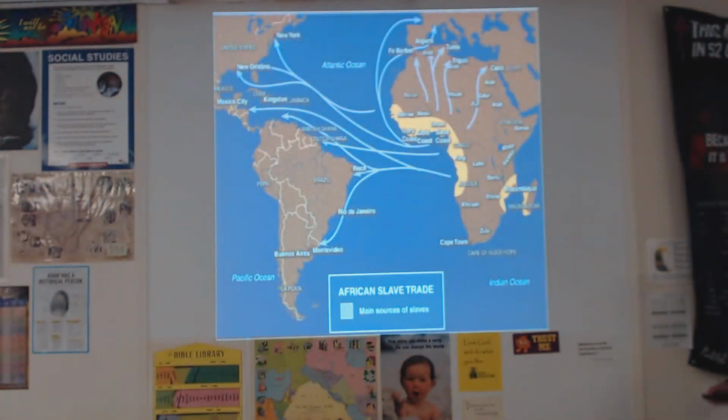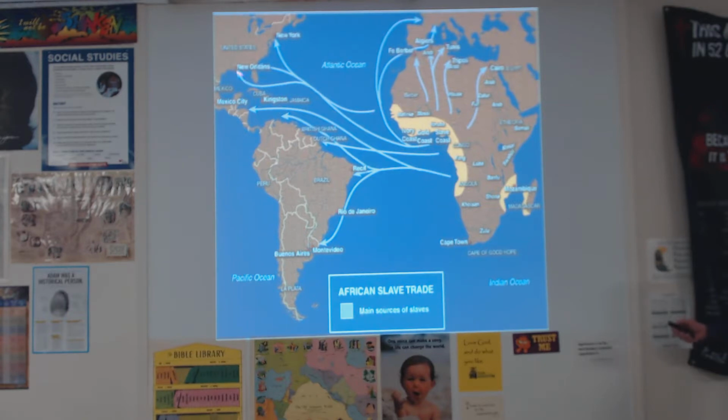And then here's the direction they went from here. So this is the area from which most of the slaves came, or at least where they were sold, some on the eastern side too. And the arrows show you where they went. Quite a few of them are coming into ports in South America. Some are coming into Central America.